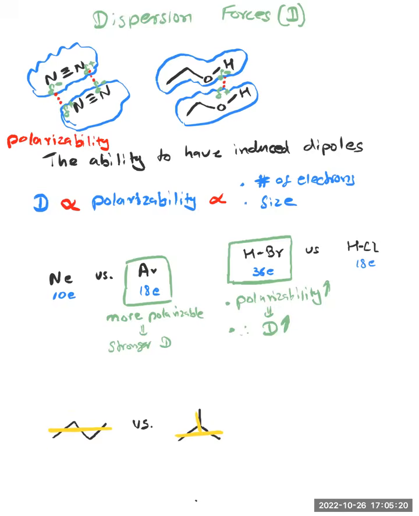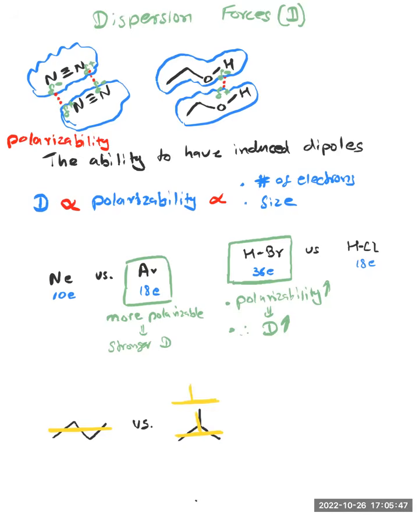On the other hand, with the right-hand side isomer, the branches sticking out act as a barrier for the molecules to come closer to each other. Let's say we have the same branch in this orientation. You see that now these molecules cannot come closer to each other.